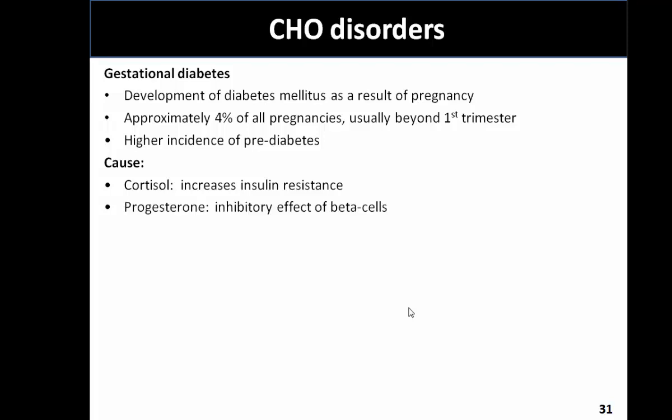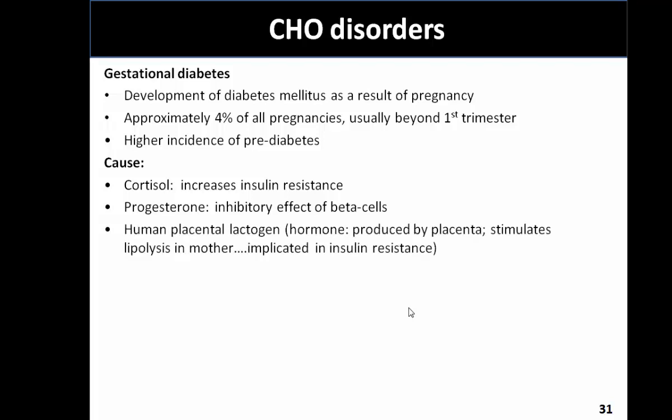The increase in secretion of progesterone is thought to be inhibitory of beta cells in the pancreas. A hormone produced by the placenta, human placental lactogen, is also hypothesized in the insulin resistance nature of this type of diabetes mellitus.